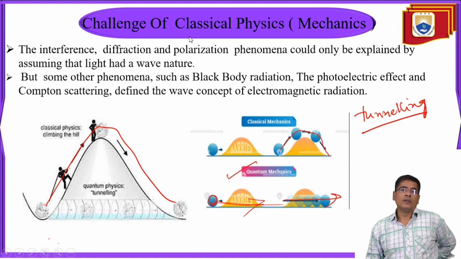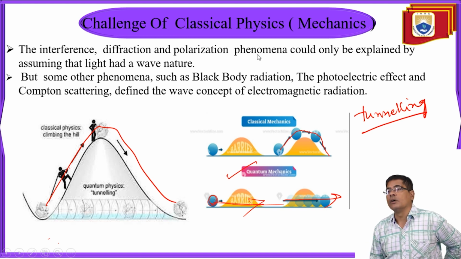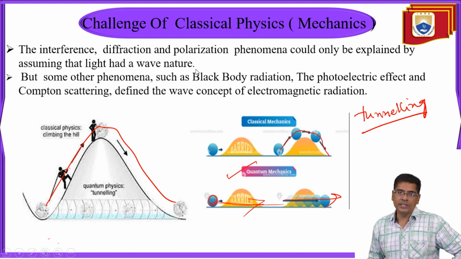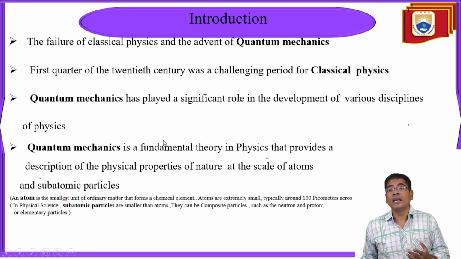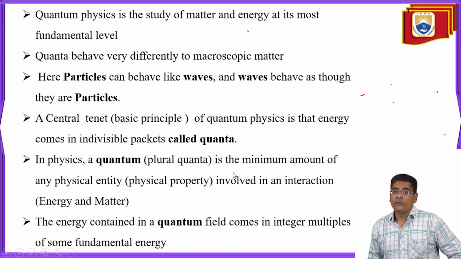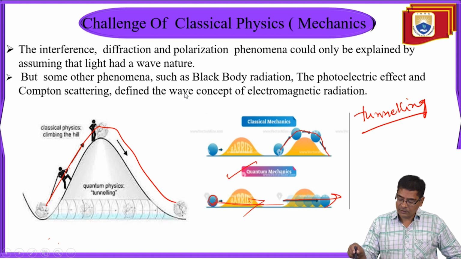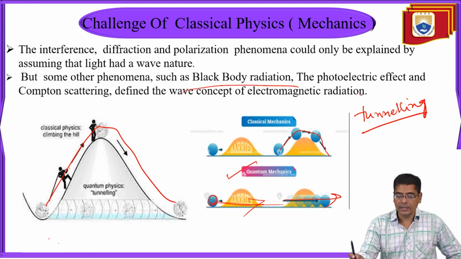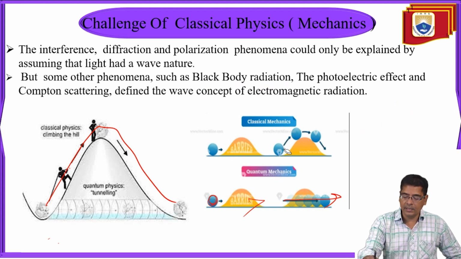When we speak about light having a wave nature, the interference, diffraction, and polarization phenomena could only be explained by assuming that light had a wave nature. But some other phenomena like black body radiation, the photoelectric effect, and Compton scattering provide a description of the physical properties of nature.